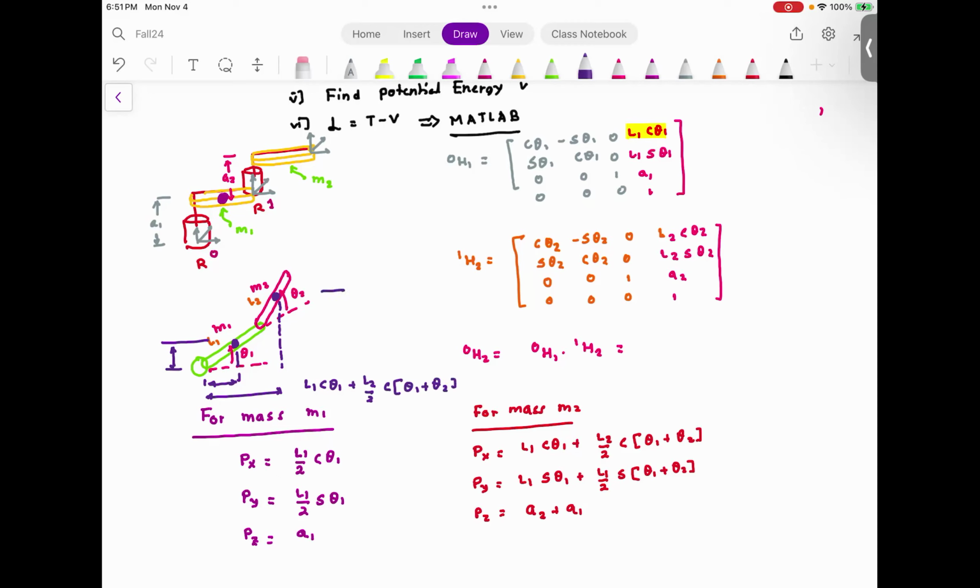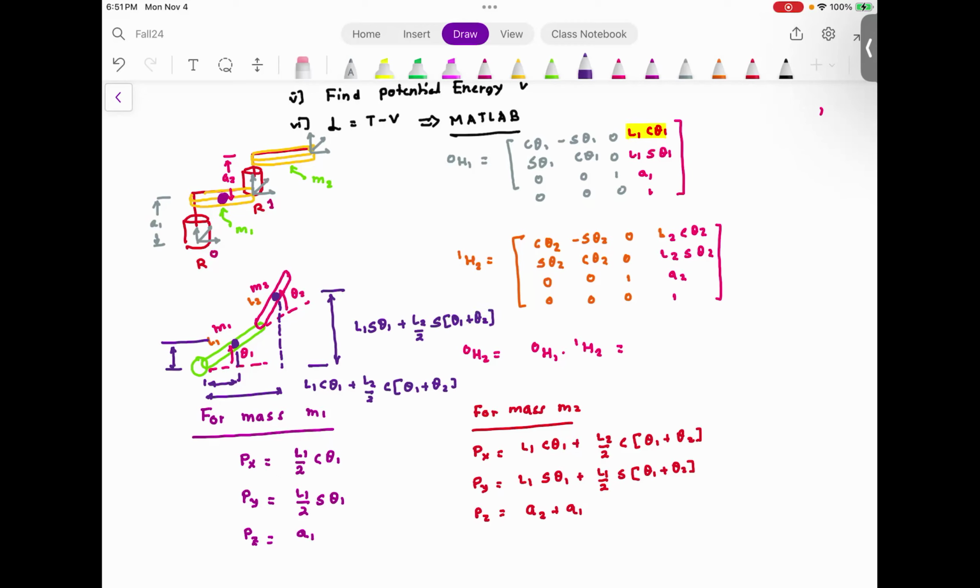This distance is L1 sine theta 1 plus L2 by 2 sine theta 1 plus theta 2.